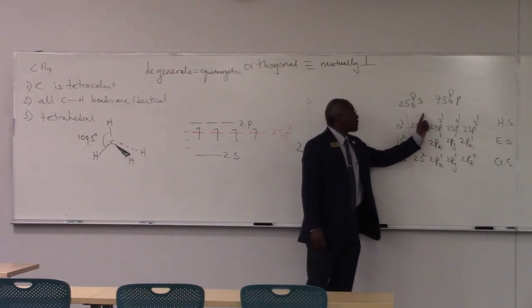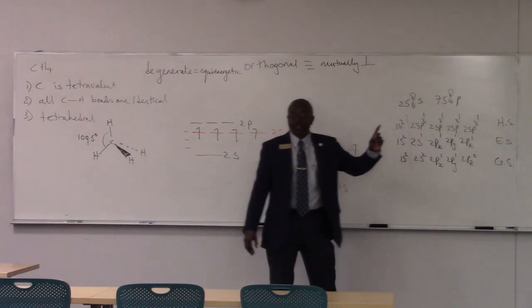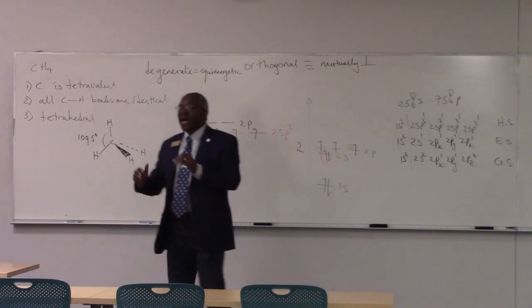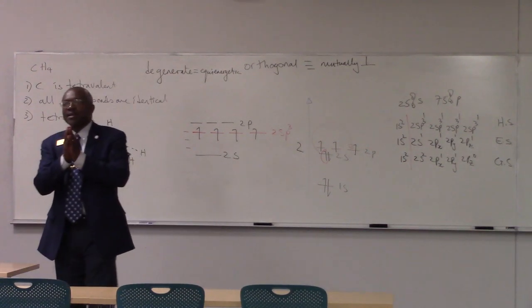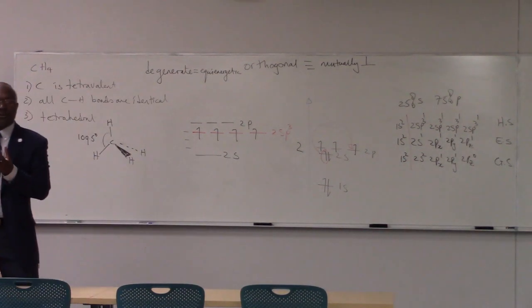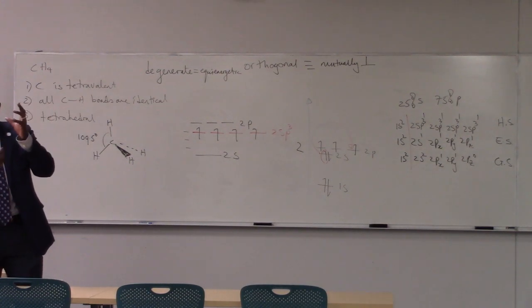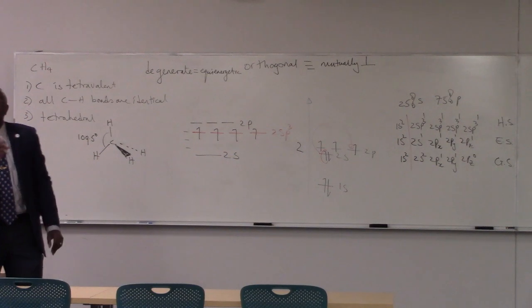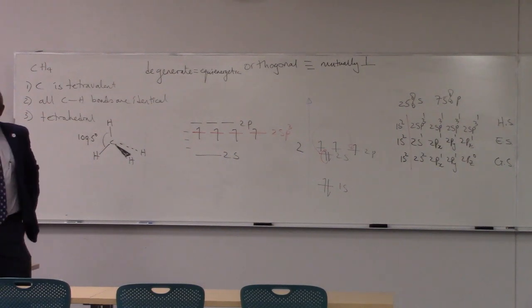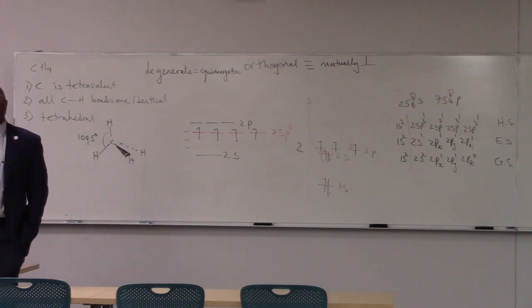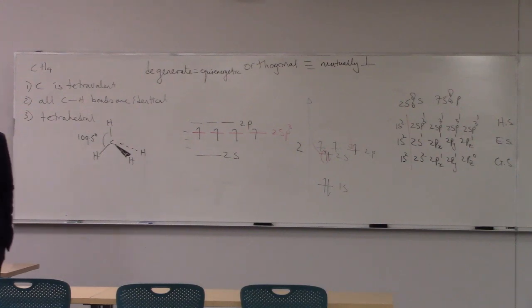We now have 4 sp3 hybrids, and those 4 sp3 hybrids each have 1 electron. So there's going to be repulsion of those 4 sites of electron density around the central carbon. You remember from your VSEPR theory, valence shell electron pair repulsion theory, that if I have 4 sites of electron density, 4 domains around an atom, they repel each other into a tetrahedron.